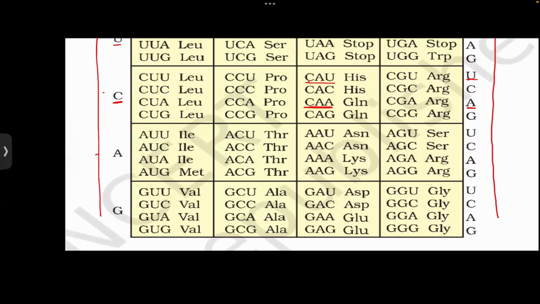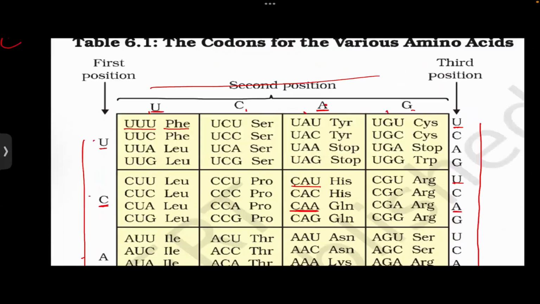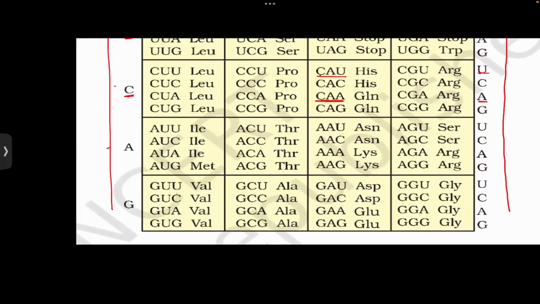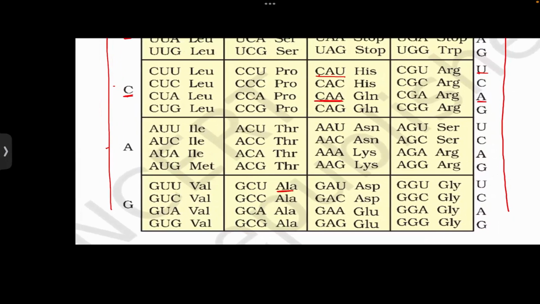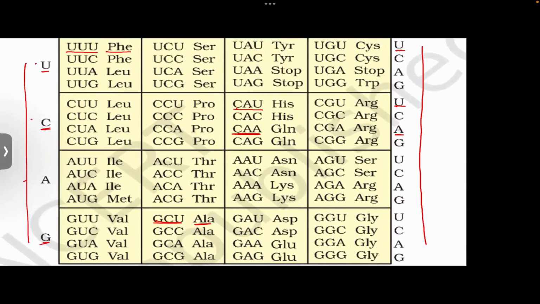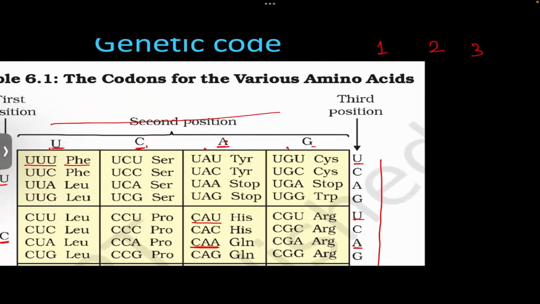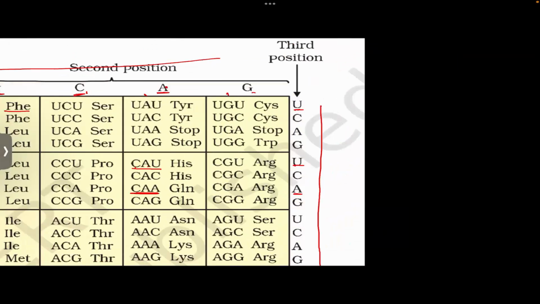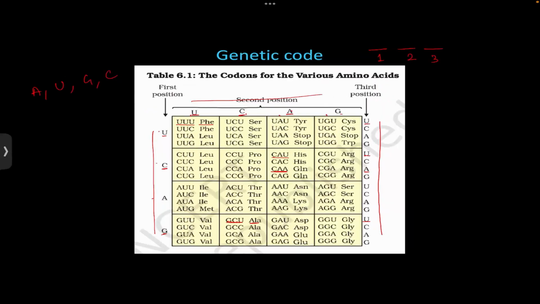So LEU, PHE, these are the three-letter codes for the amino acids. Similarly, you can read here for alanine, look at this particular code, G, so here C is there, GC and U, GCU. So in this way, you can easily understand the table and find all the possible 64 codons for various kinds of amino acids.